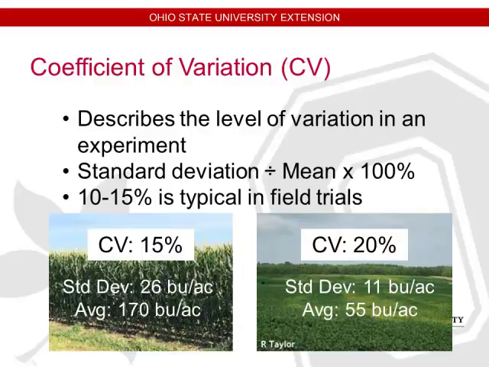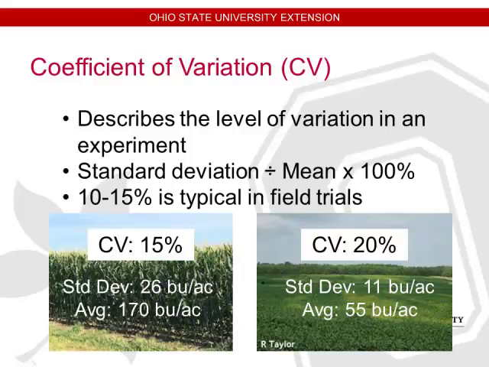CV is nice because when you look at just field information, it's tough to tell. So if we've got a corn field that's got a standard deviation of 26 bushels per acre and a soybean field that's got a standard deviation of 11 bushels per acre, which one has more variation? Any guesses? No guesses? The corn? The soybeans? Okay, we're hearing both.